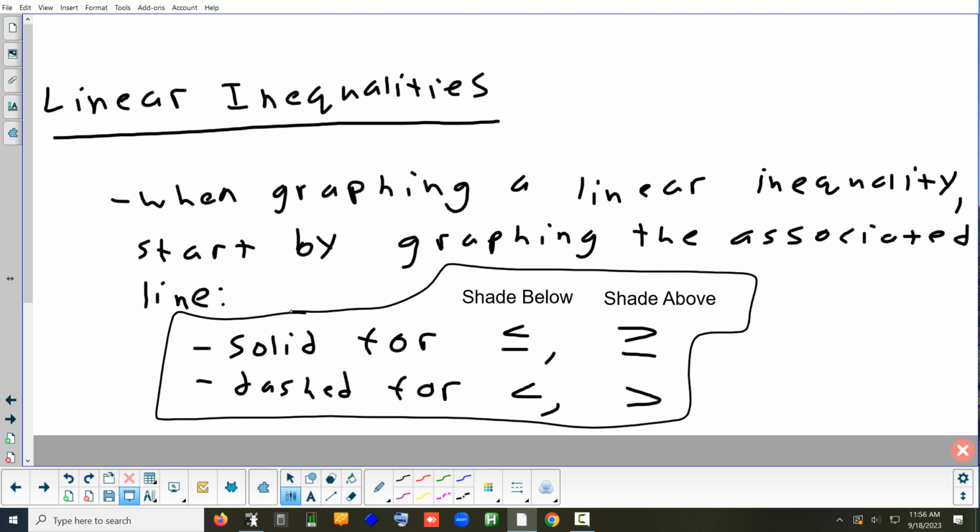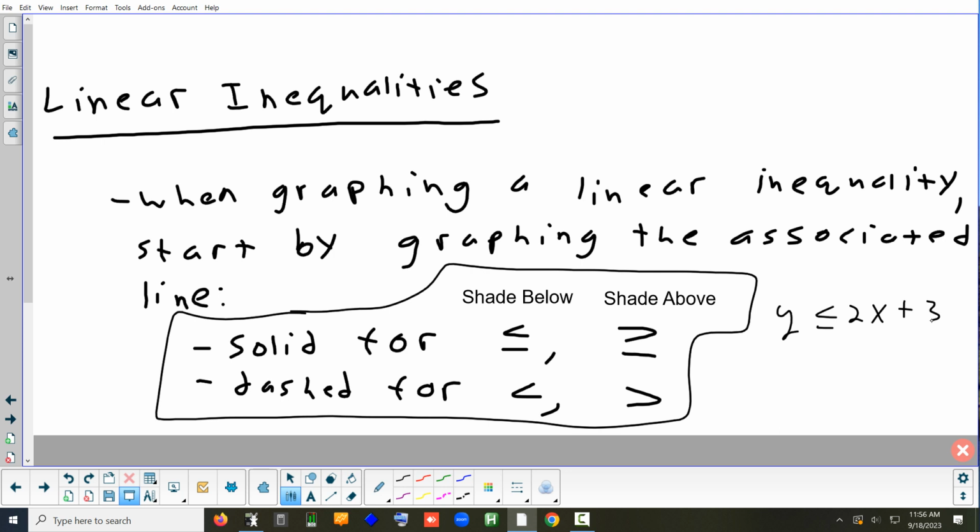So you start by drawing your line. Let's say you had something like y is less than or equal to 2x plus 3. Well, the first thing I do is I graph y equals 2x plus 3. And then I would make the line solid because it has the equal to symbol. Anytime you have a less than or equal to, greater than or equal to, solid.